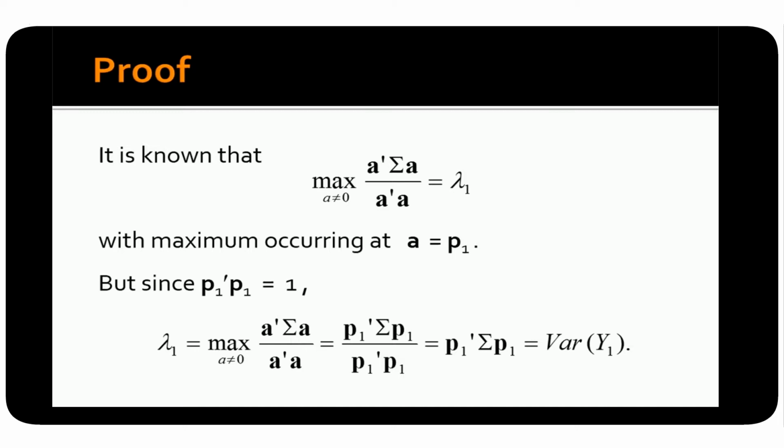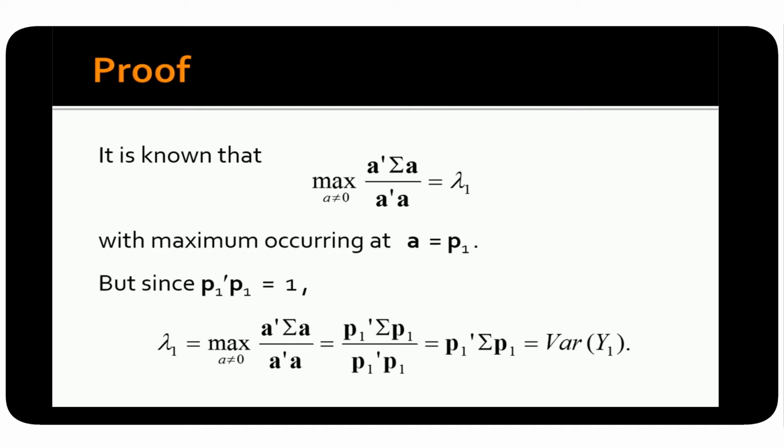Now, since p1 prime p1 is equal to 1, and mind you, p1 is the eigenvector which corresponds to lambda 1, we have the maximum of a prime sigma a by a prime a equal to lambda 1, and that's p1 prime sigma p1, because those are the eigenvectors, divided by p1 prime p1, but p1 prime p1 is 1.